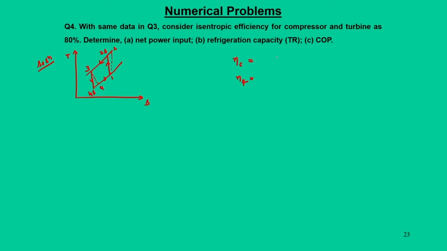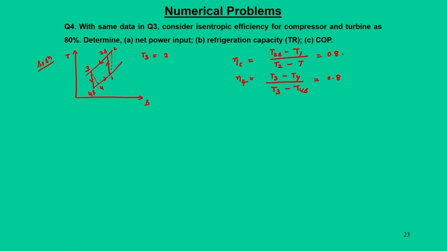So, isentropic efficiency of compressor we can write as T2s minus T1 divided by T2 minus T1. Isentropic efficiency of turbine is T3 minus T4 divided by T3 minus T4s. These data are given to us, that is 0.8. Other fixed data are from question 3.